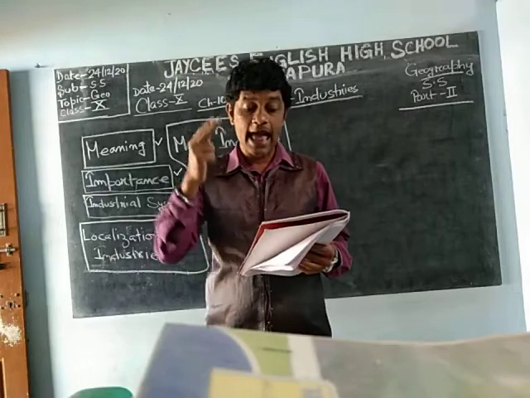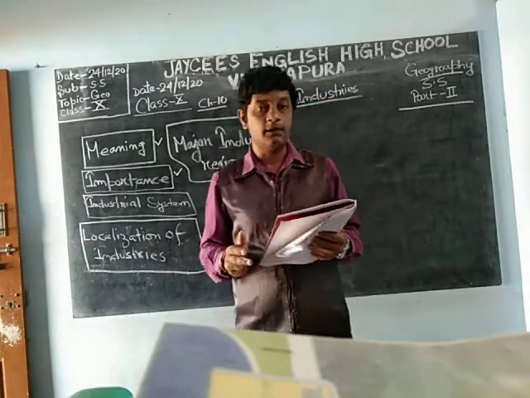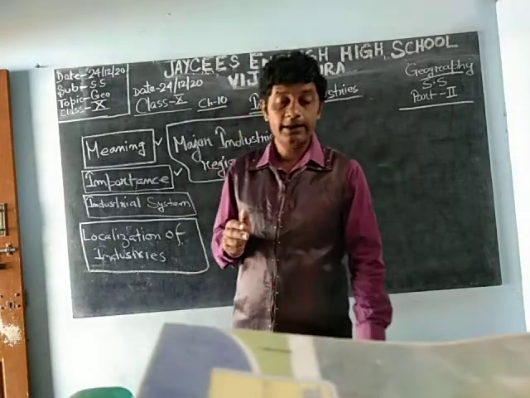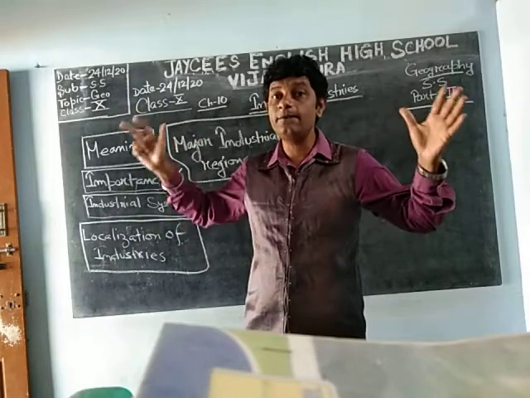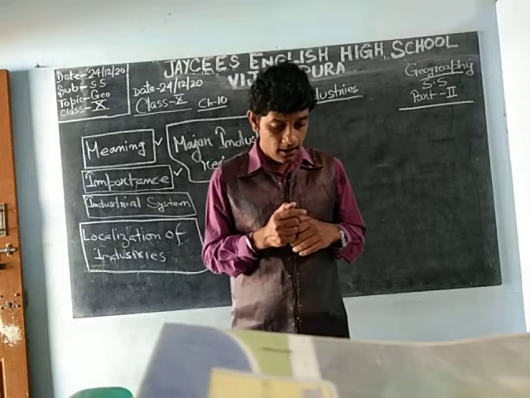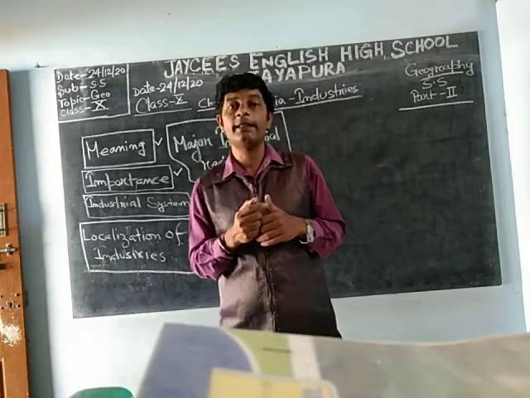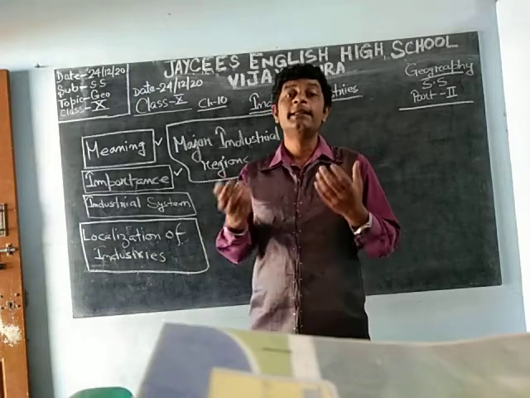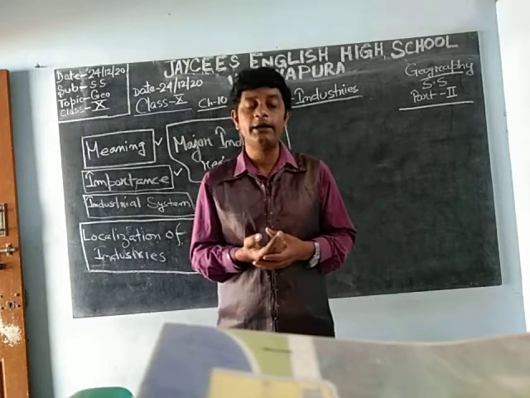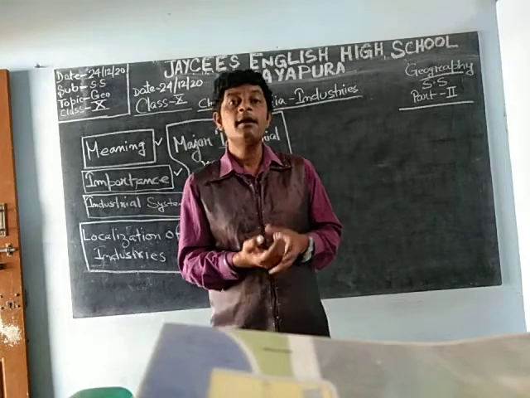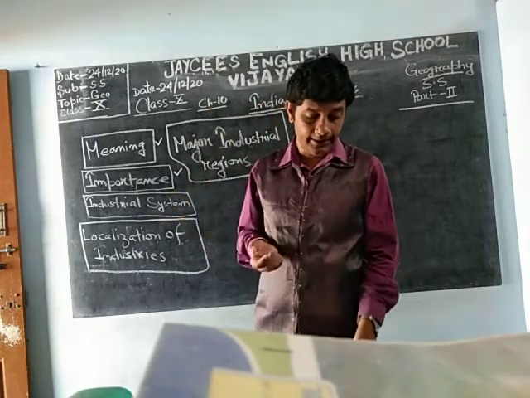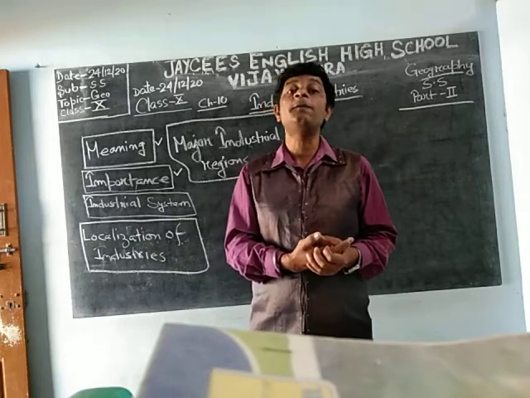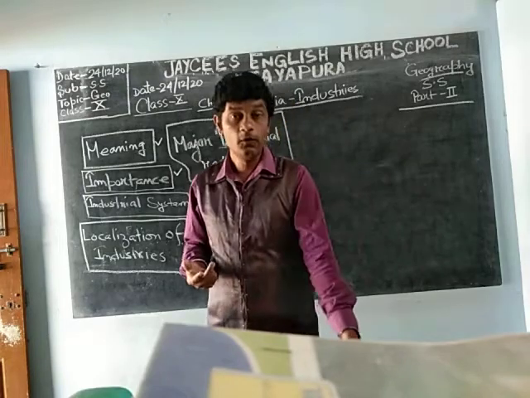An industry is just a place or infrastructure where raw materials are brought along with natural resources and processed so that we can get the output, which is known as a commodity or goods. This is the main objective of an industry.